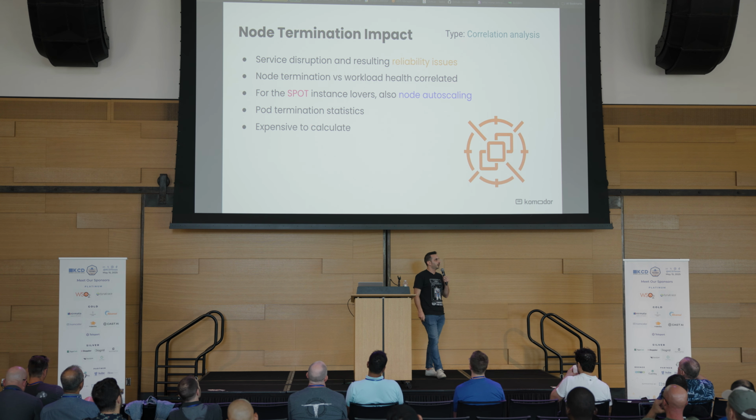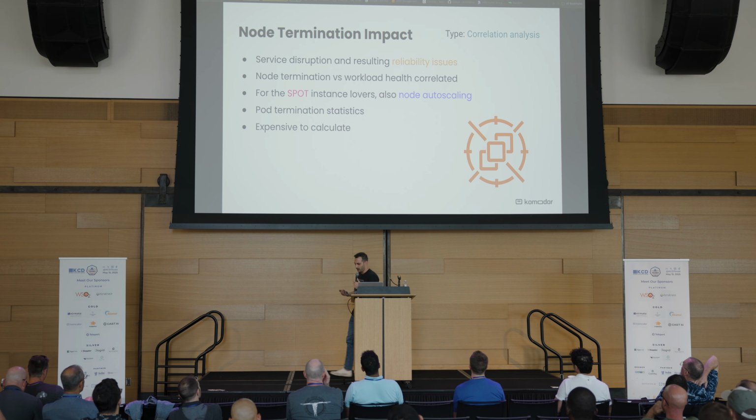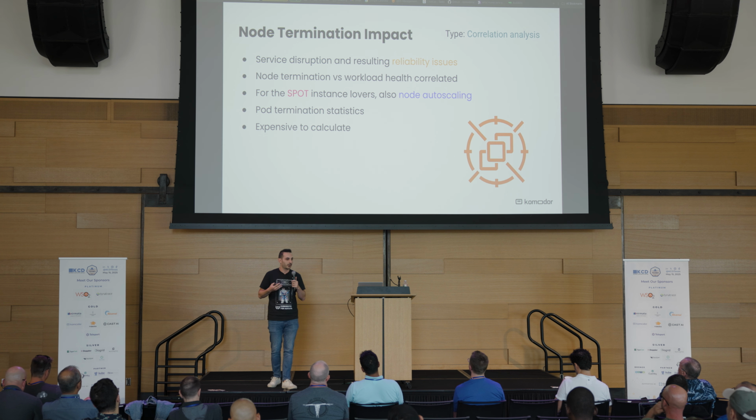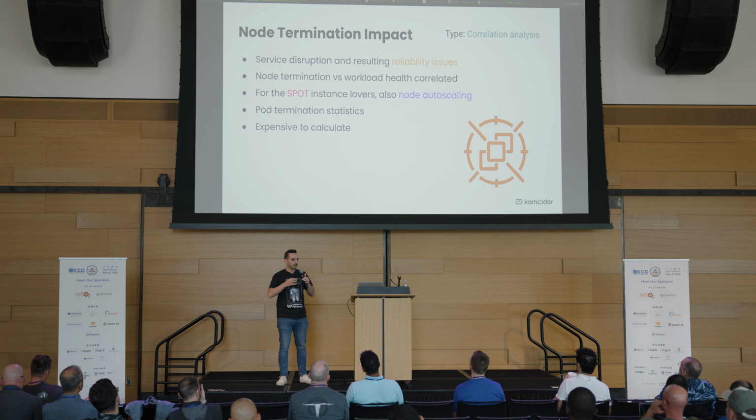Another one is node termination. Node termination is the notion of when a node got killed, and we want to understand why, right? For those of you who use spots or variable infrastructure workloads like that, or node autoscaling, you know that there are a lot of disruptions happening throughout the day, and that's normal.